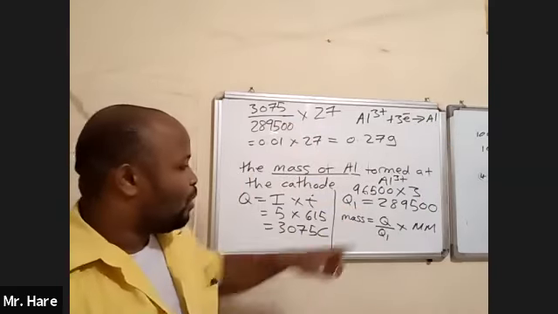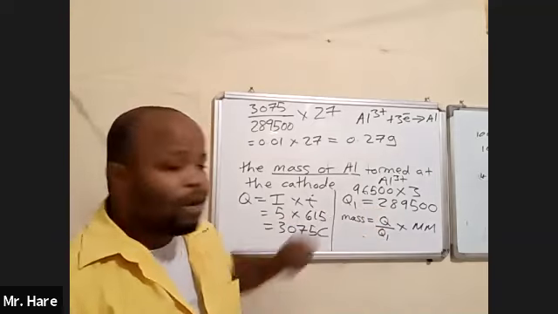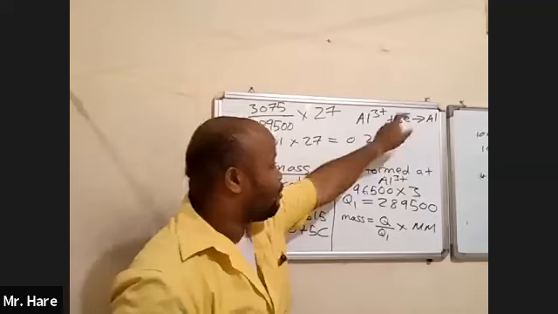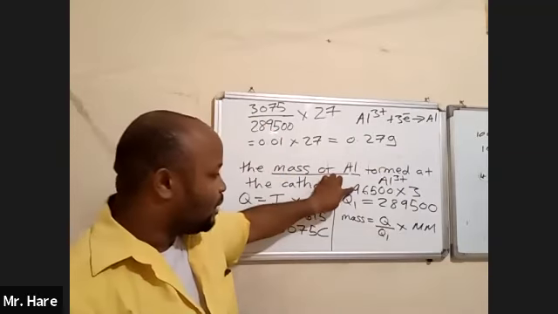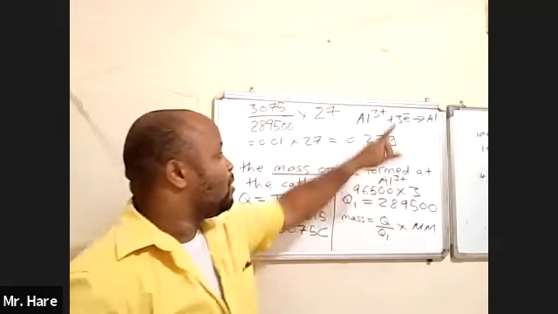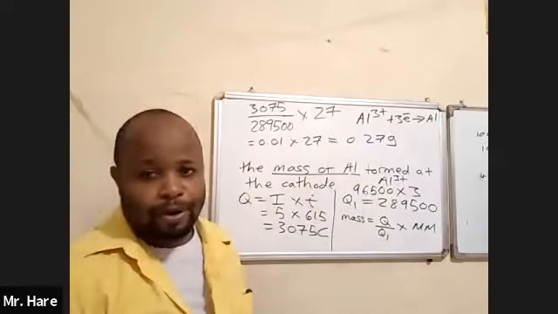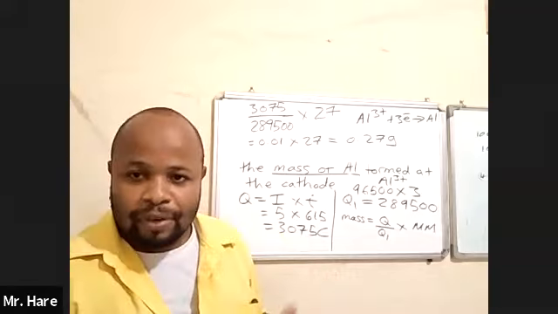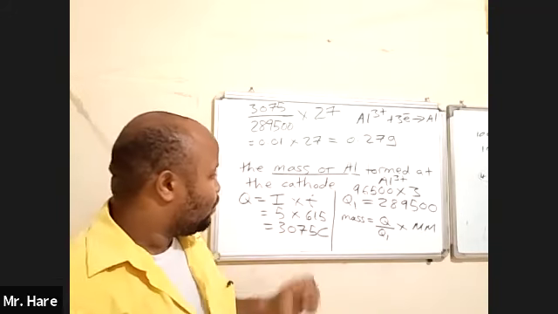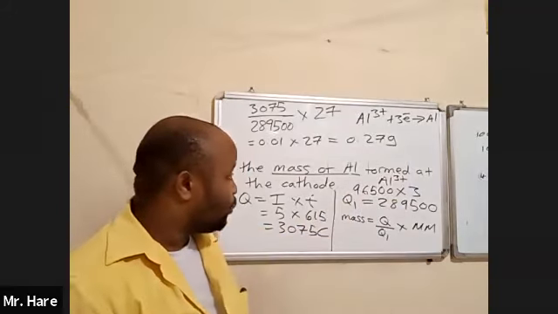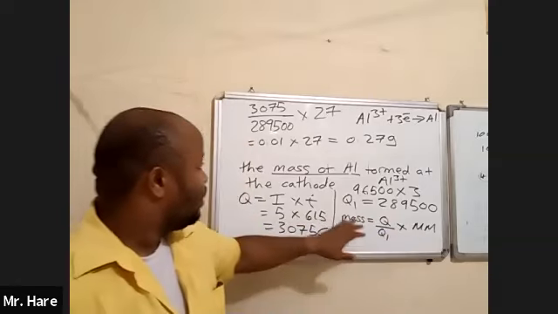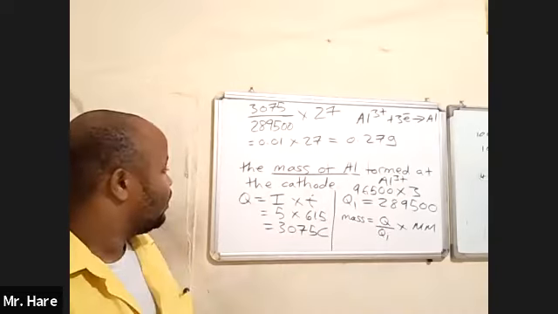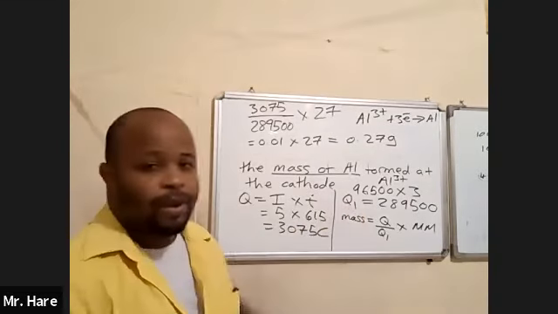So to know the quantity of charge here, Q1, we just said 96,500 times 3. So it's 96,500 times the amount of electrons required. Once you know the charge, you know the amount of electrons. We call that Q1. So to get the mass, it's just Q divided by Q1.